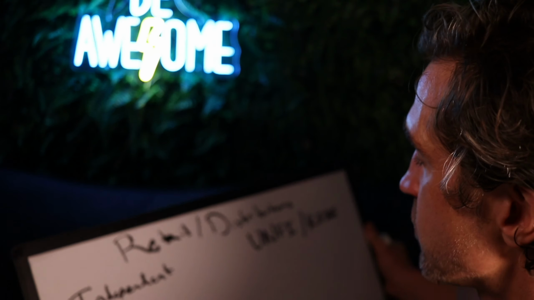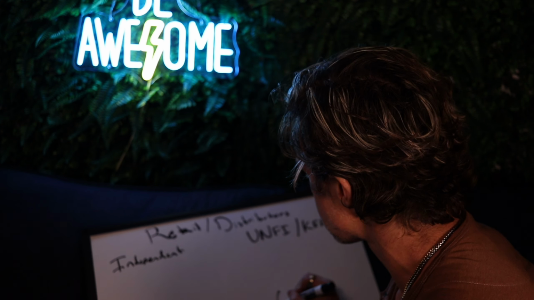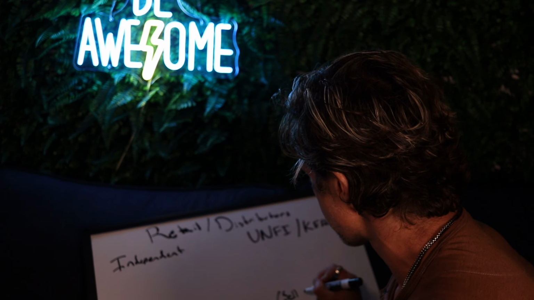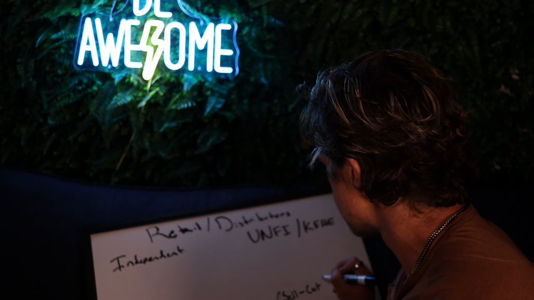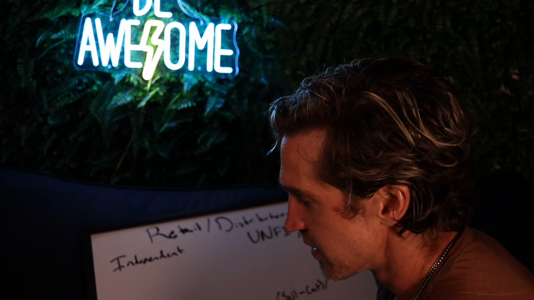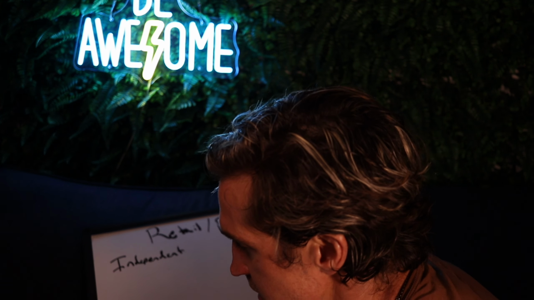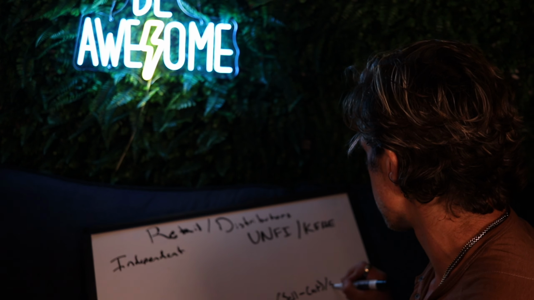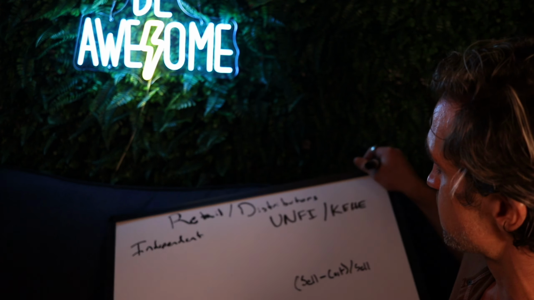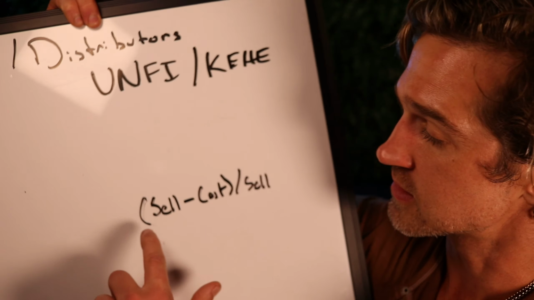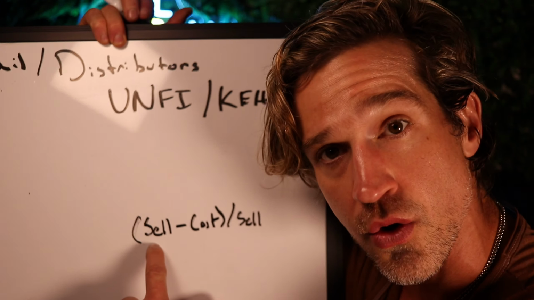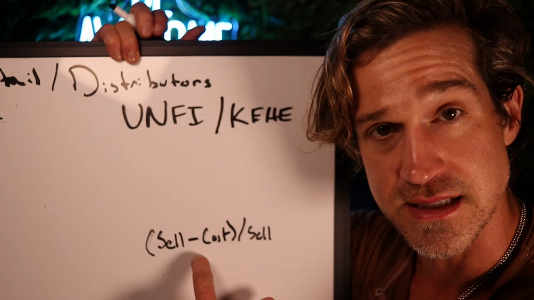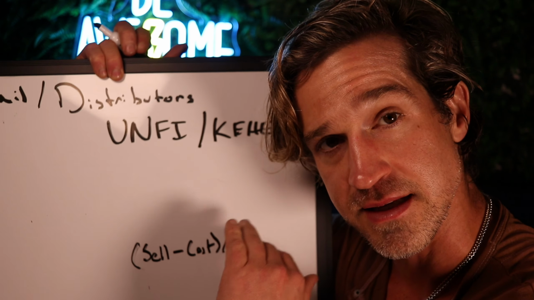It's pretty simple. They're going to want a 30% markup or profit margin. The way the profit margin works: they sell something for a price, and you take the sell price minus the cost they bought it for, divided by the sell price. So this is basically the formula: the price that the retailer or distributor sells it for, minus the cost, divided by the sell price.